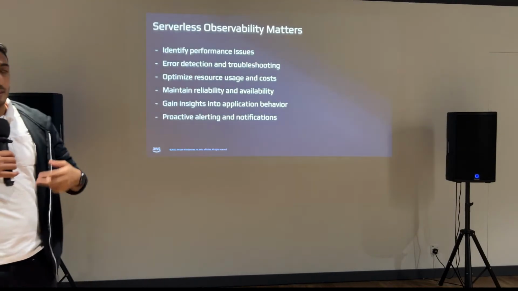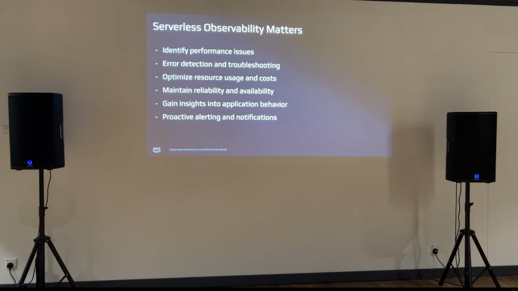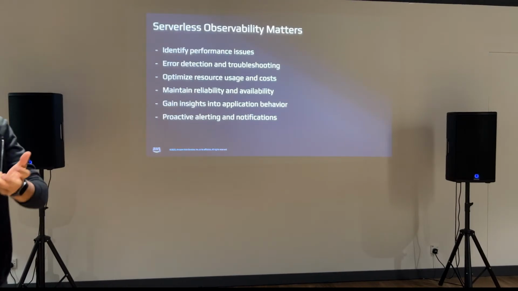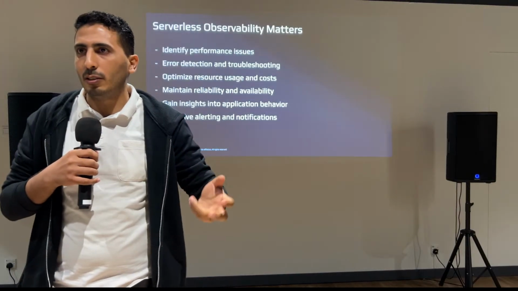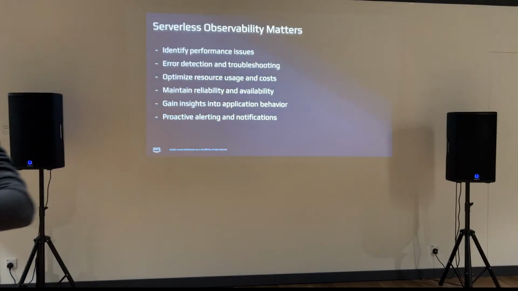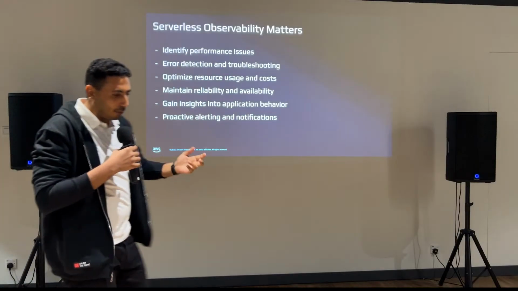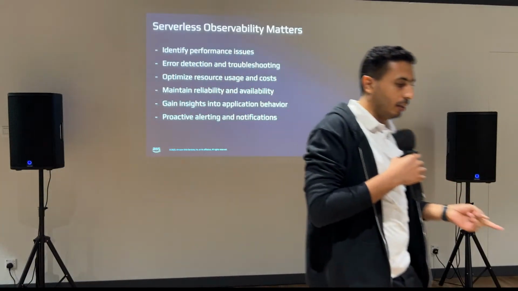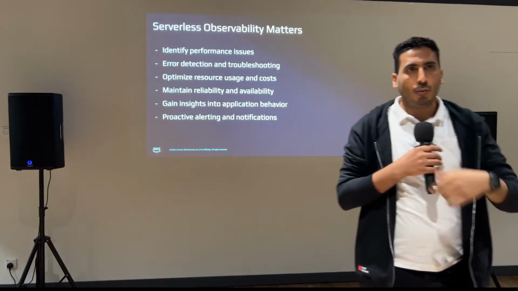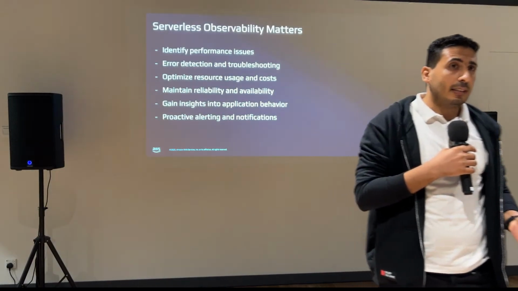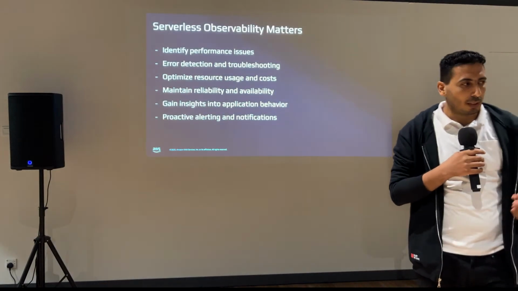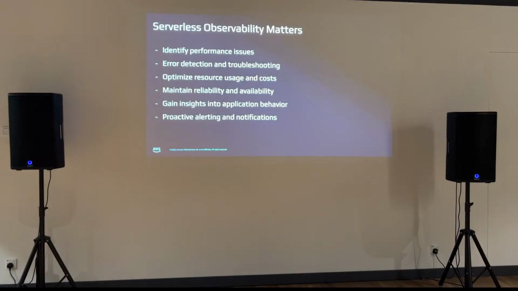We can optimize and save some cost. We gain insights about application behavior. Lambda behavior itself is weird, so you need to understand what you need to care about and what is there by default, and that's not easy. At the end of the day, we do everything so we can get alerts, look into the issue, find it fast and fix it. That's why observability matters for serverless.